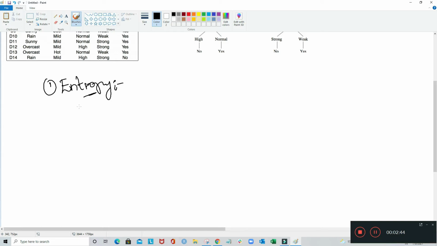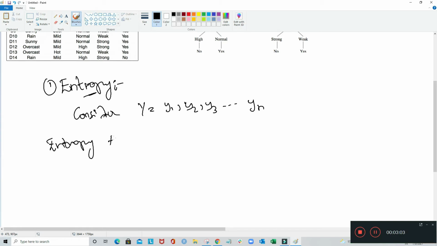Consider my predictor variable has n classes: y1, y2, y3, and so on up to yn. Then the entropy H of y is given as minus summation of i equals 1 to n, that is the number of classes, probability of yi into log of probability of yi.